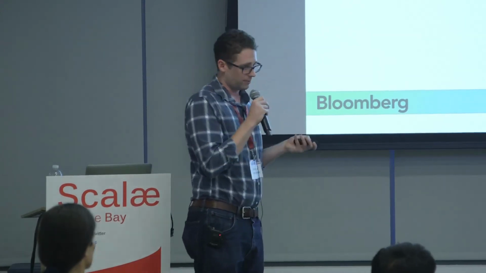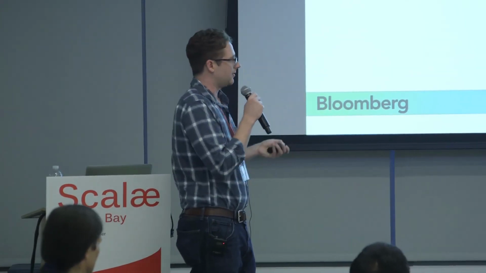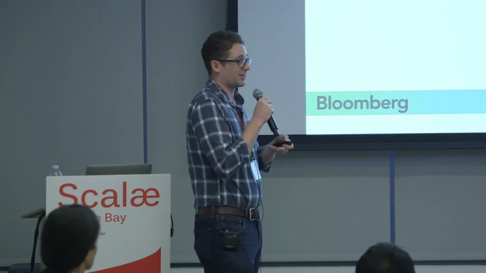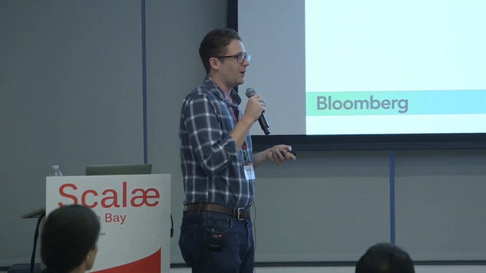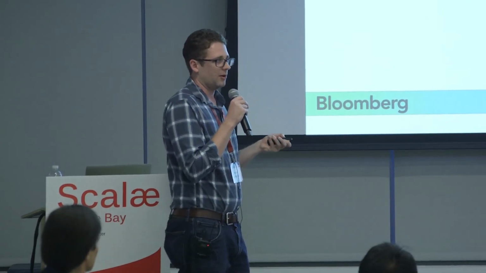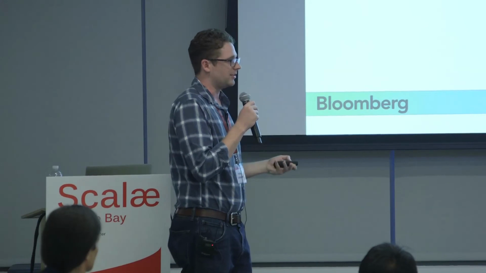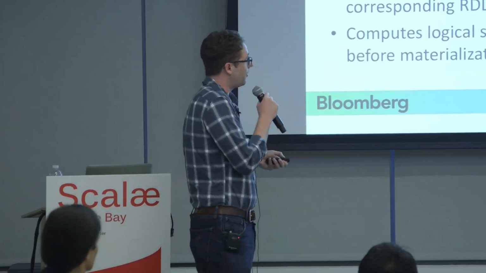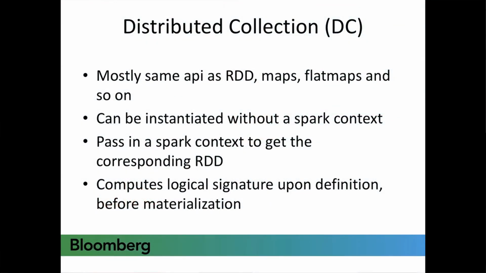So mainly for that reason, and also because this is perhaps an experimental change, I opted to build an abstraction on top of Spark, which does mostly the same thing, except it allows you to pattern your things like this. I made an abstraction called a distributed collection, or a DC. It pretty much does the same thing as RDDs, data frames, and datasets. And in fact, behind the scenes, it's just a dataset.